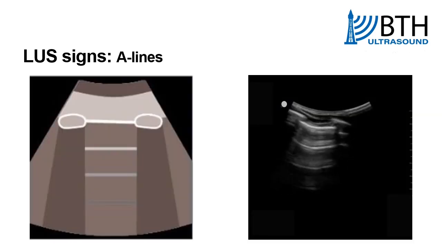So what we want to see is lots of lung sliding and A-lines. That's what we hope to see in these patients, and as they recover and as they perhaps are admitted to hospital, we would love that they remain with a relatively normal looking lung presentation under ultrasound.